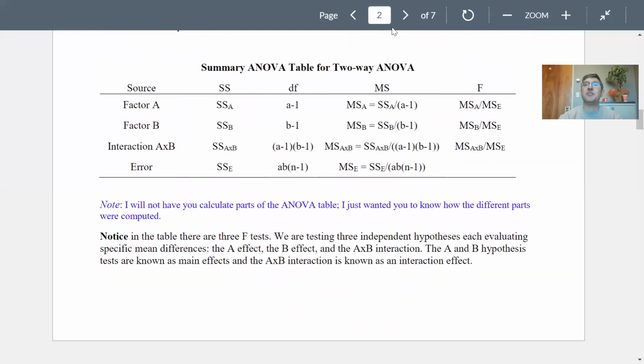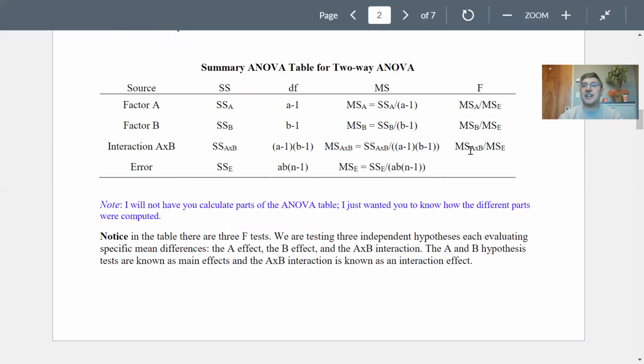Here we present the summary ANOVA table. I'm not going to have you calculate a two-way between subjects ANOVA by hand. This is just how you would calculate it. One thing you should notice here is that there are 3 F-tests reported. That's interesting, huh?